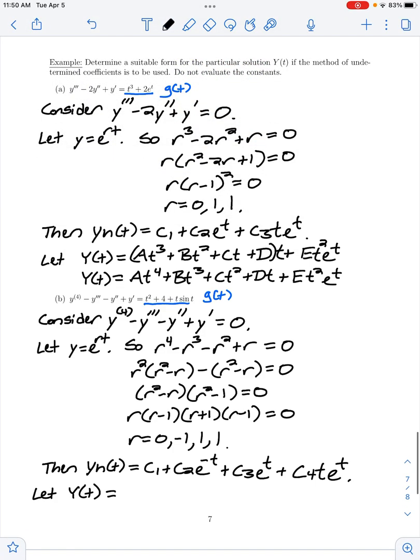So for our particular solution, we might start with the same general form. Let's take a general quadratic, at squared plus bt plus c. And then we could add a linear term, dt plus e, times our sine of t function. But since this involved sine, we have to include the same sort of term with a cosine. So we would also have some other linear function, say ft plus g, times cosine of t.